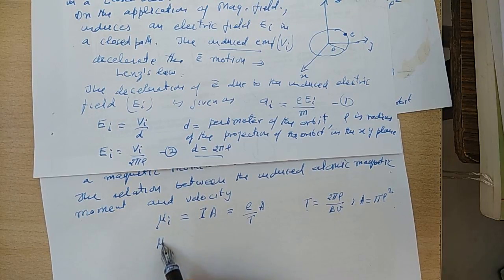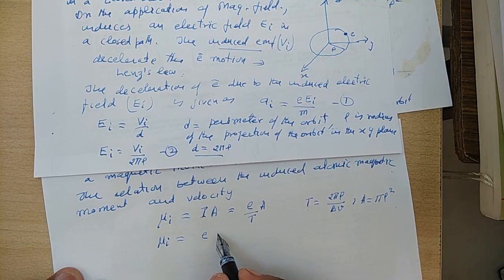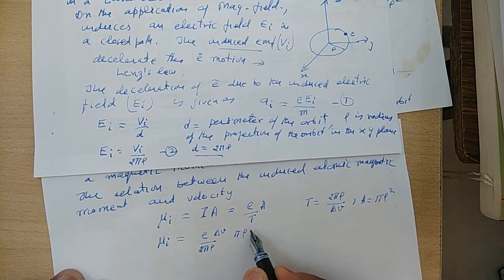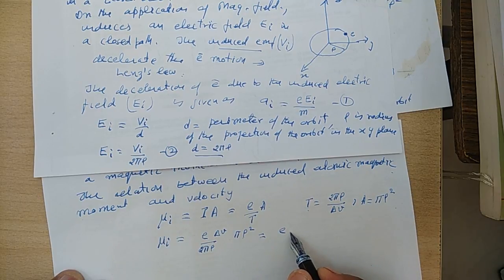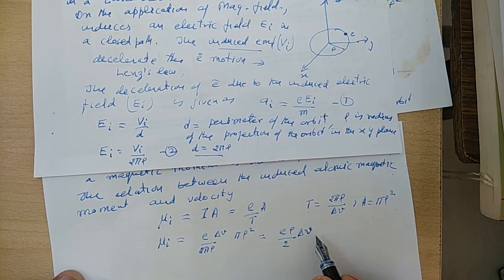So this induced magnetic moment comes out to be E into, this is 2 pi rho, here I will write the change in velocity, and here pi rho square. So finally, E rho will get cancelled, pi also gets cancelled, 2 into delta V, the change in the velocity.